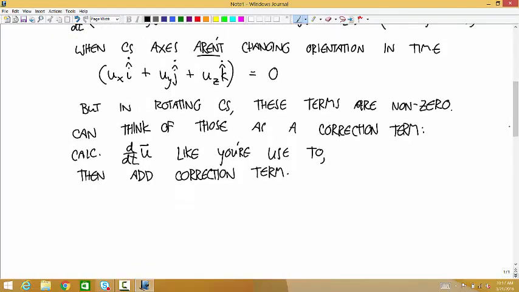And what's the reason that we need to do this anyways? Why not just calculate our time derivatives relative to our rotating coordinate system? What's the issue there? That might not be a very well-worded question. Yes, exactly.